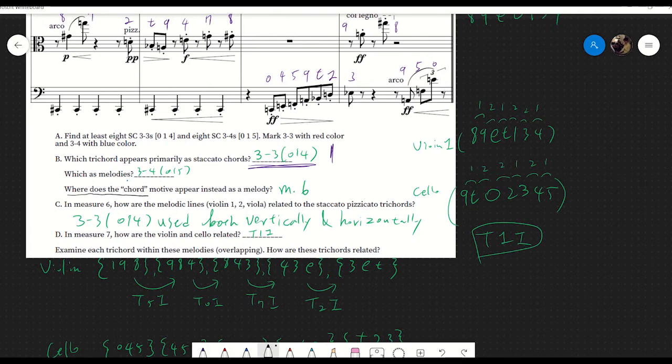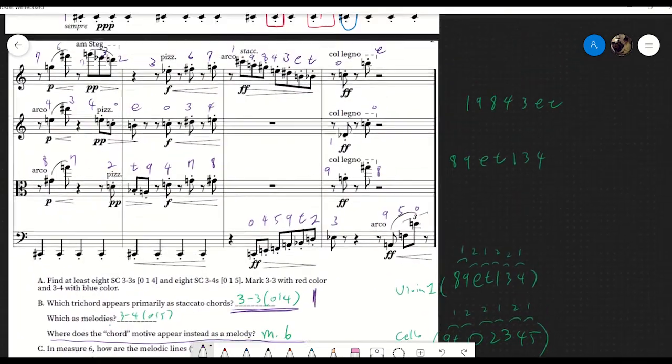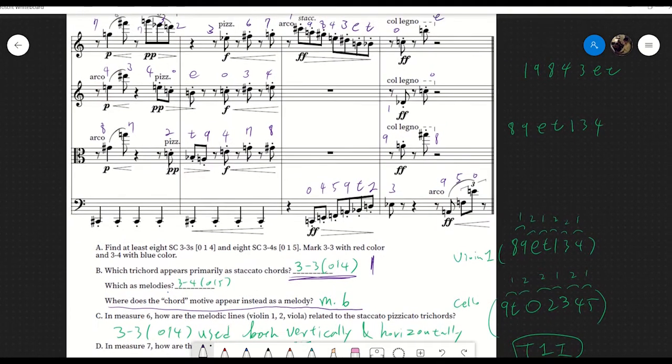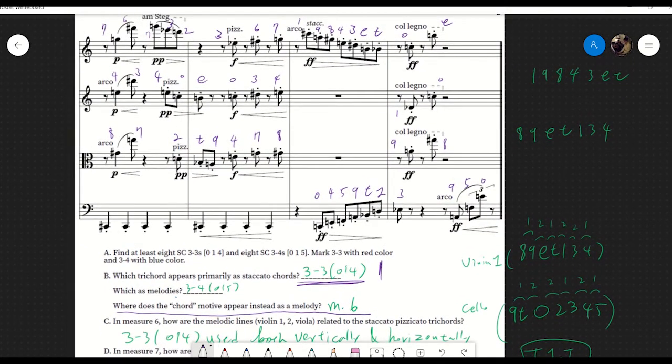Where does the chord motive appear as a melody? The chord motive appears as a melody in measure 6. The chord motive is set class 3-3, 0-1-4, right?